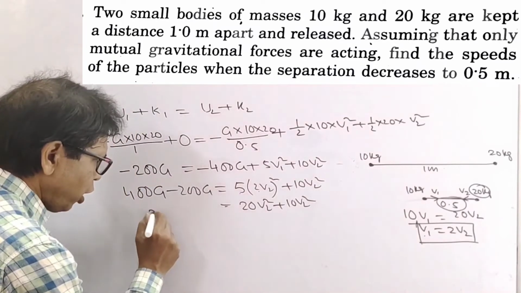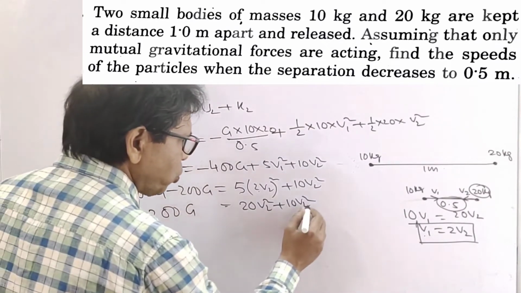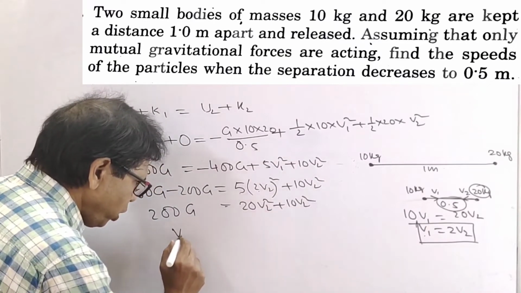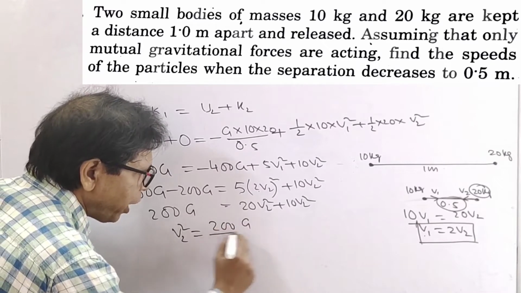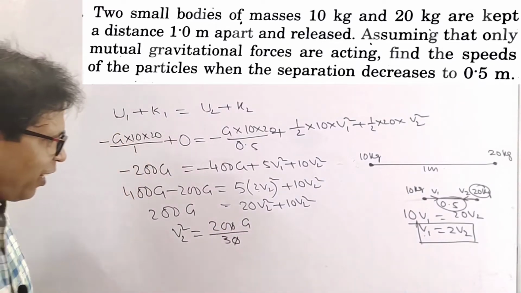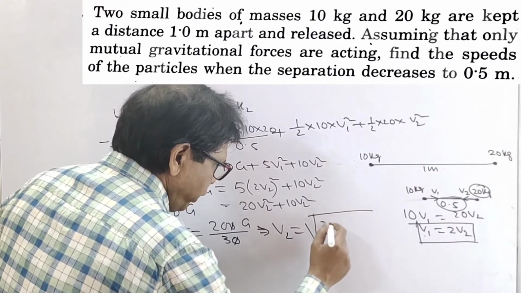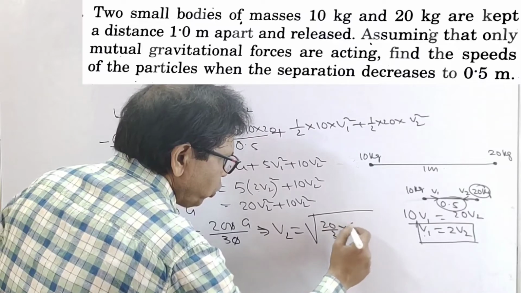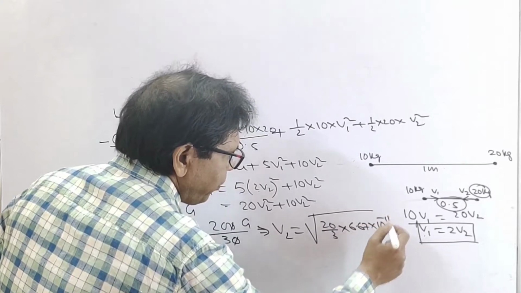This is 200 capital G, so this is 30 V2 square. Therefore V2 square equals 200 G divided by 30. This and this cancel out. Therefore V2 equals root under of 20 by 3 into 6.67 into 10 to the power minus 11.